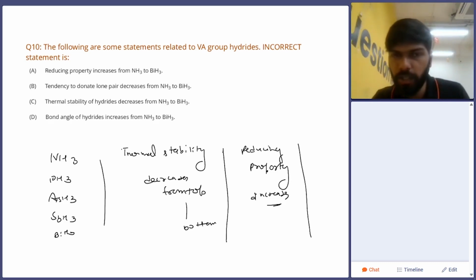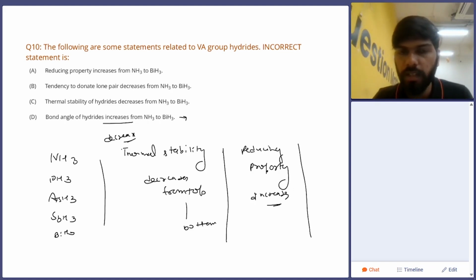Now next point. The tendency to donate the lone pair also decreases. Okay, because ammonia is going to donate the electron, but Bi is unable to donate very quickly. Now bond angle. See, the bond angle decreases. It is written increases, but it decreases. For ammonia, this option is correct because of Drago's rule.